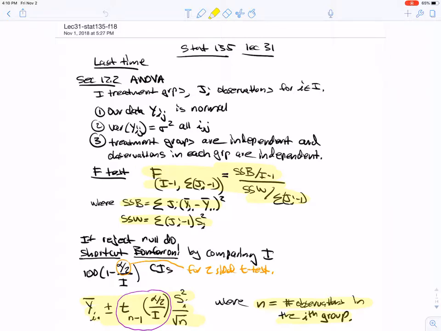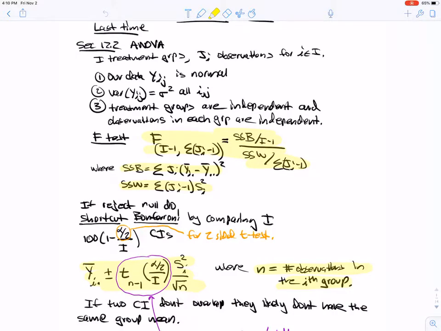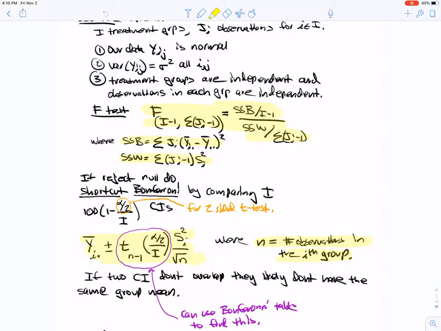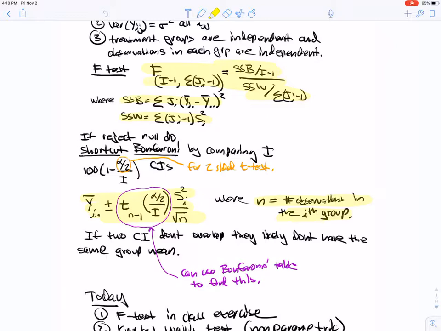It's going to be SSW. So SSB and SSW can be calculated as given in these formulas, and we've seen this a few times now.